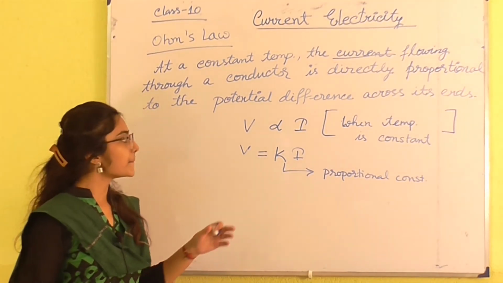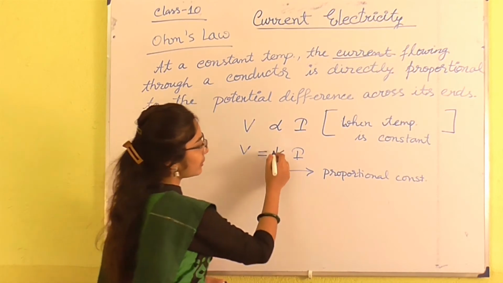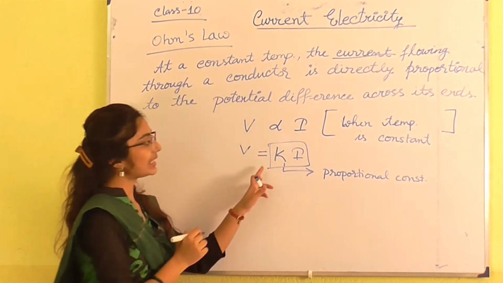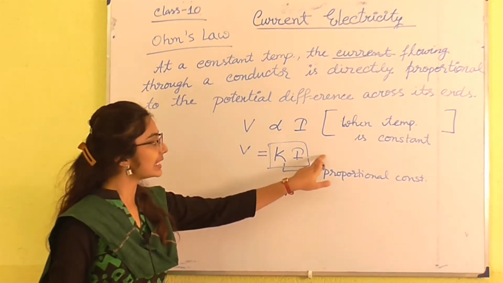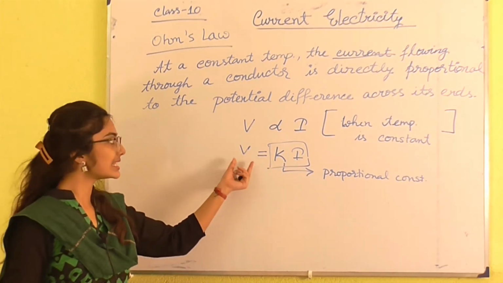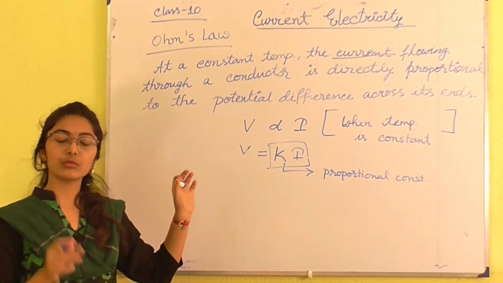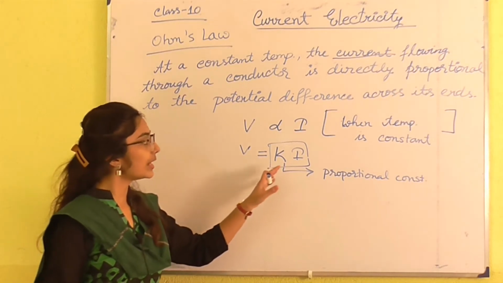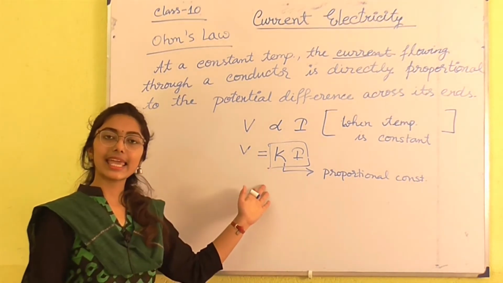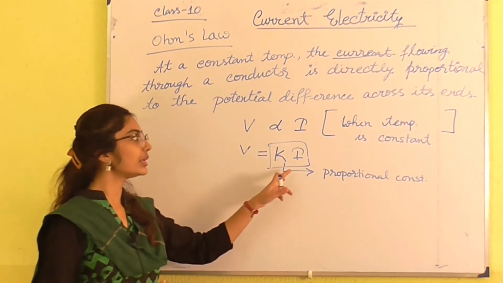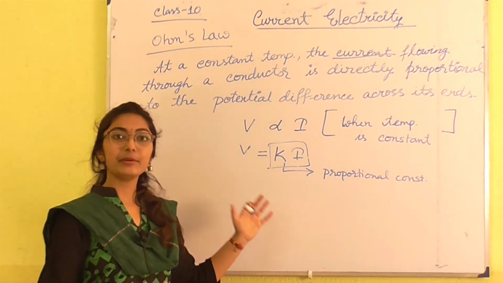Again, look at this value: when I will increase, K will decrease, because V, the voltage, is always constant. So when current will increase, K will decrease, and when current will decrease, K will increase.